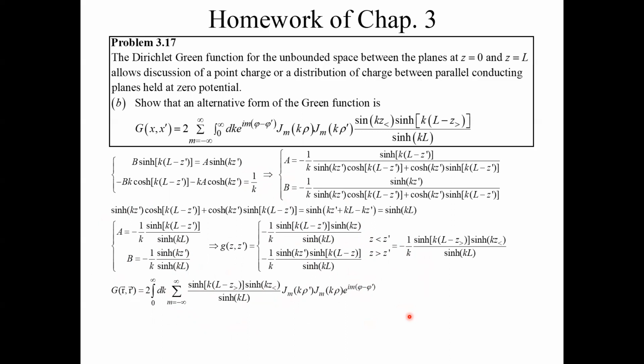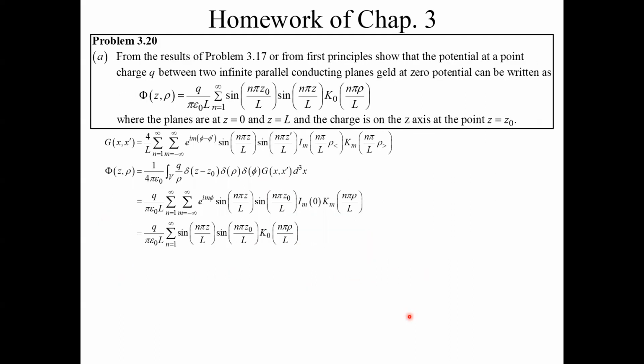And we go to the last problem. Problem 20: from the results for the last problem, from first principles show that the potential of a point charge Q between two infinite parallel conducting planes held at 0 potential can be written like this, where the planes are at z equals 0 and L, and the charge is on the z-axis at the point z equals z0.